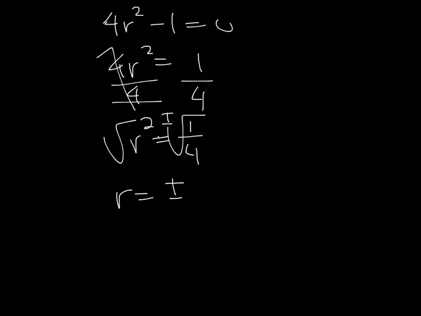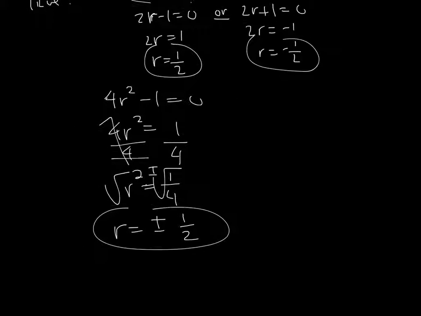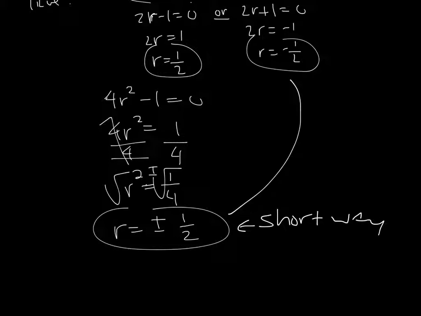So r equals plus or minus 1/2, which is exactly what we got when we factored the difference of two squares. These are the same. This is just a short way of writing 1/2 and negative 1/2.